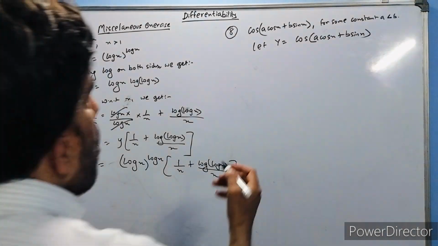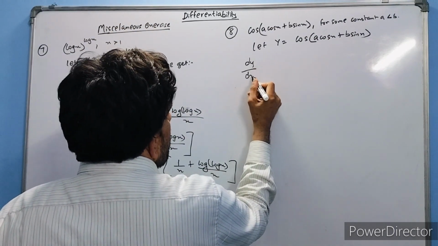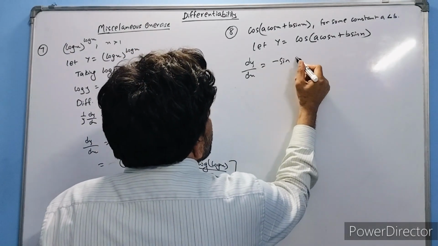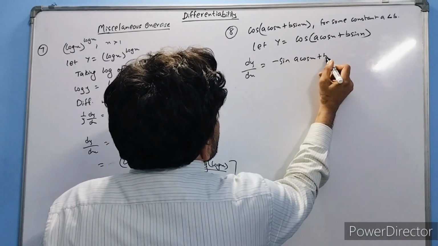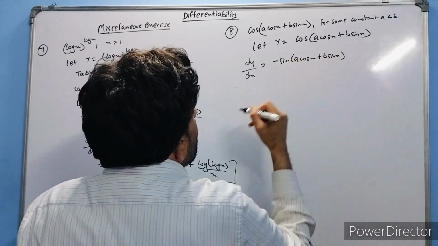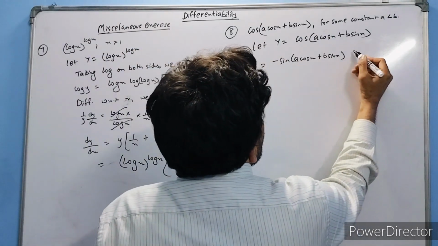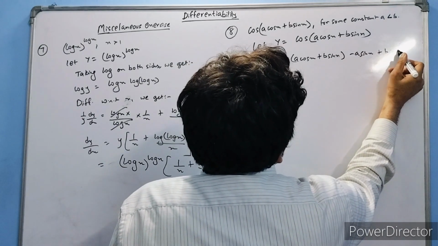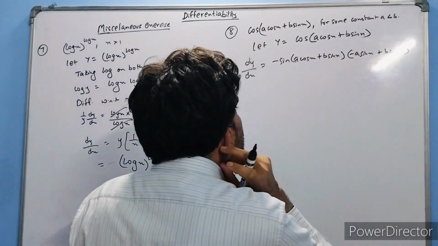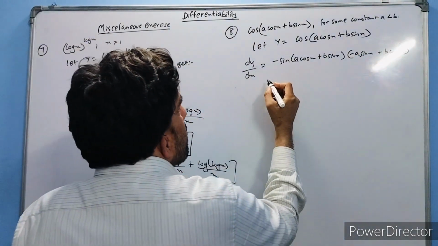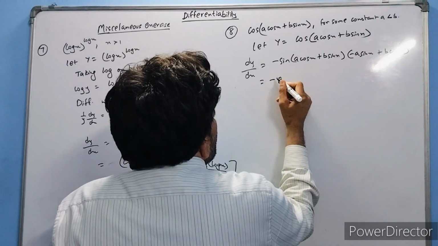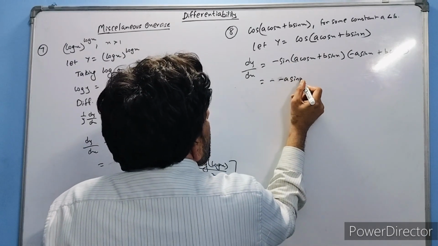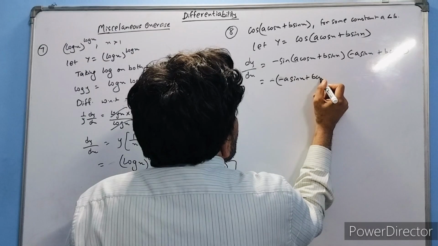Now let us see how we'll try to differentiate. Differentiation of cos x will be minus sin x. So we have minus sin of a cos x plus b sin x. Now differentiation of the inside will be minus a sin x plus b cos x. So we have minus sin of a cos x plus b sin x into minus a sin x plus b cos x.